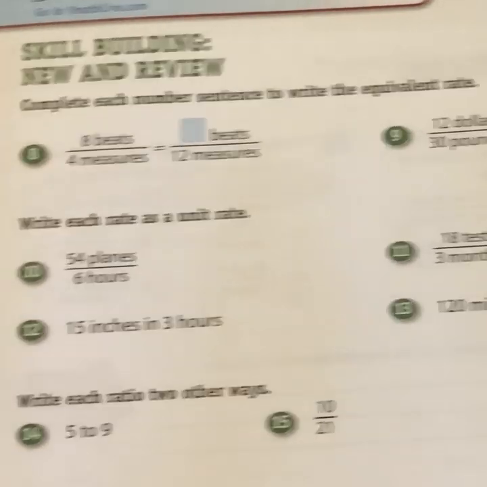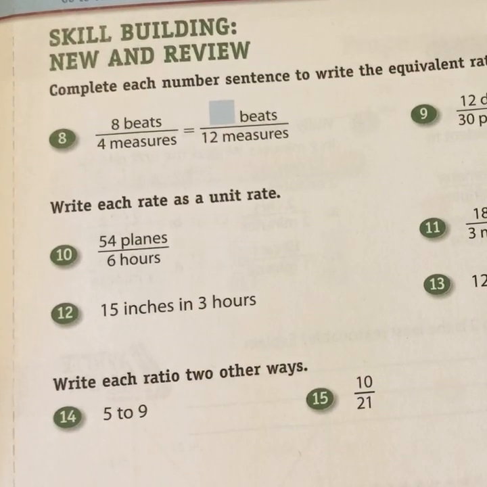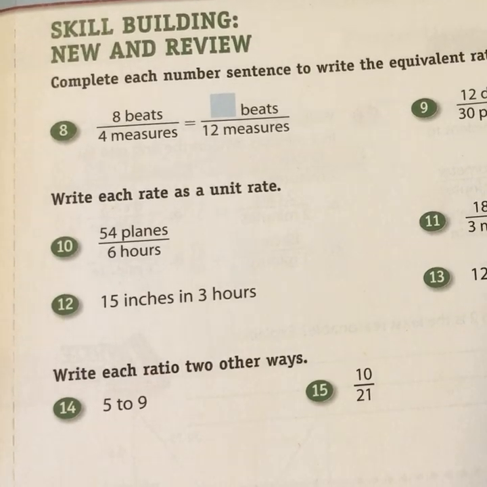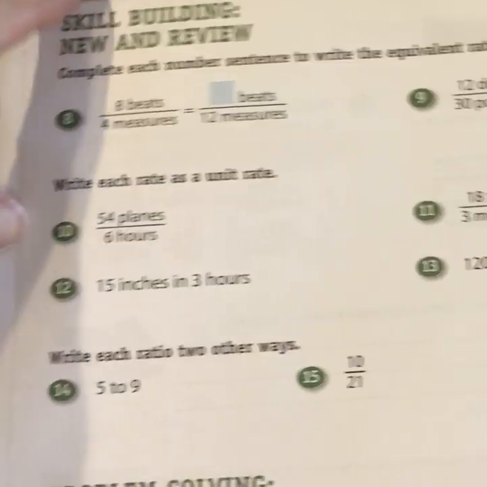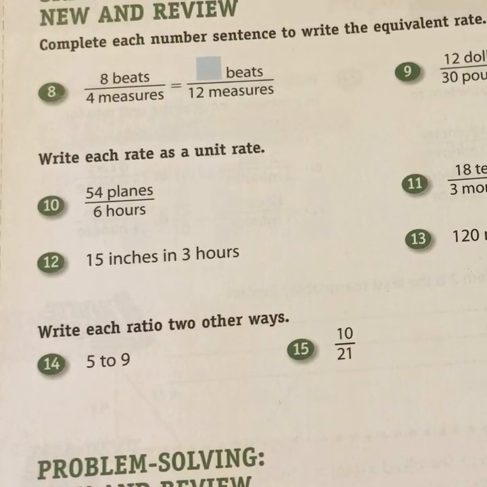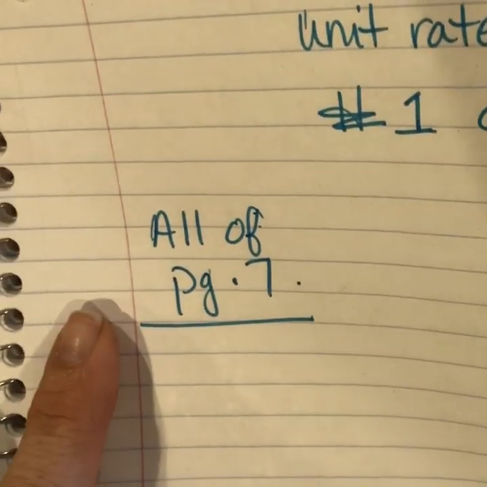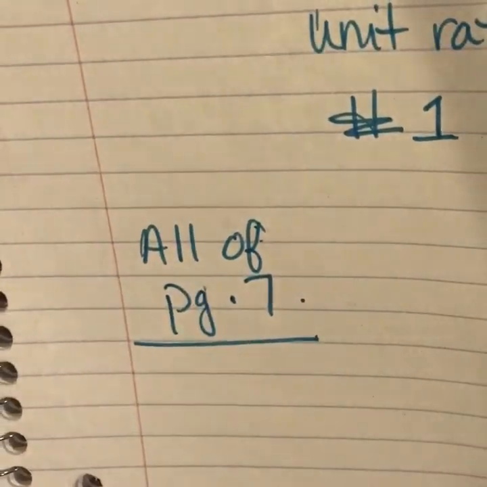So what I want you guys to do, sorry, I don't know if you can see my low battery, so I better hurry up. I want you to do just page 7, okay? So I want you to do page 7. I will put this on Google Classroom. I want you to do all of page 7.